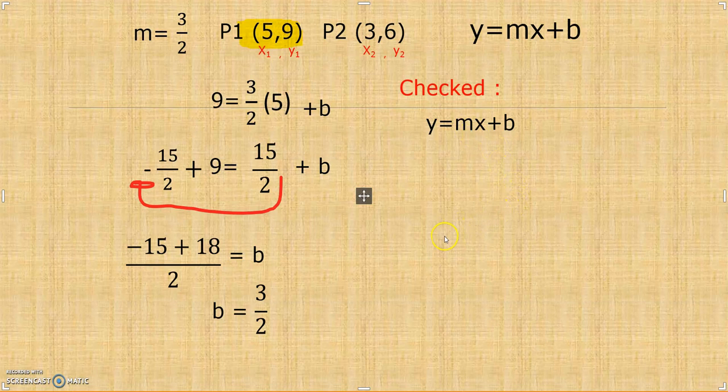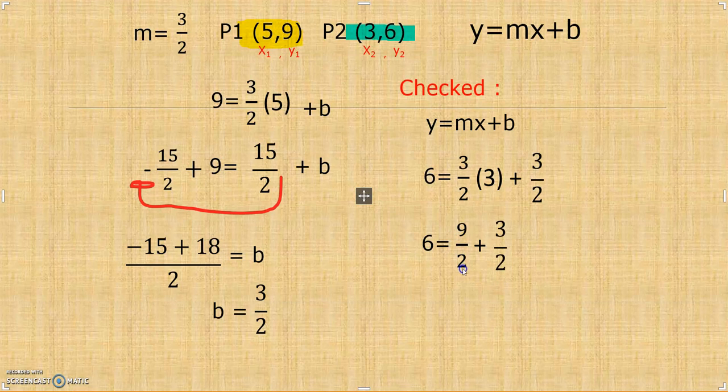So let's plug in. The value of y sub 2 is 6. So 6 is equal to 3 over 2 times 3 plus 3 over 2, because our y-intercept is 3 over 2. So let's simplify. 6 is equal to 9 over 2 plus 3 over 2. 9 over 2 here because 3 times 3 is 9 and 2 times 1 is 2.